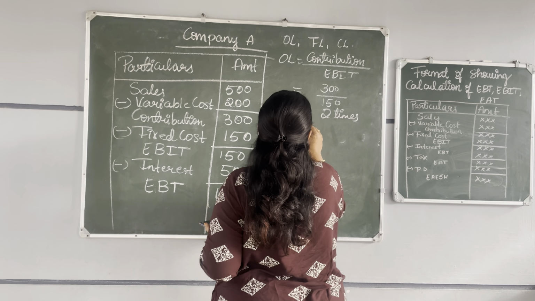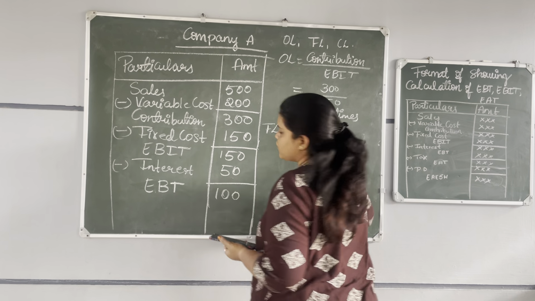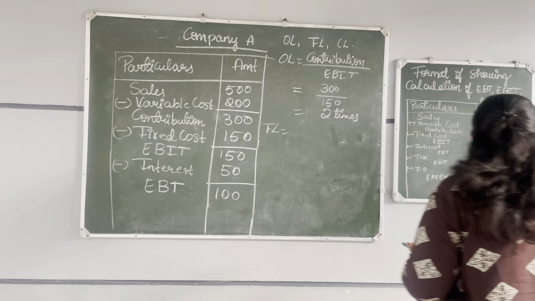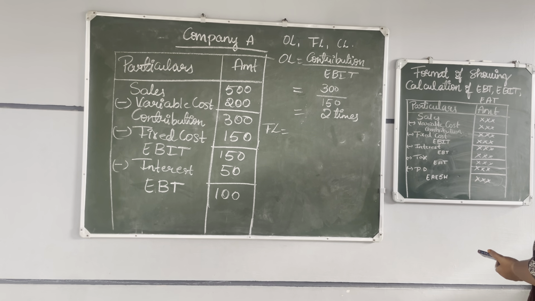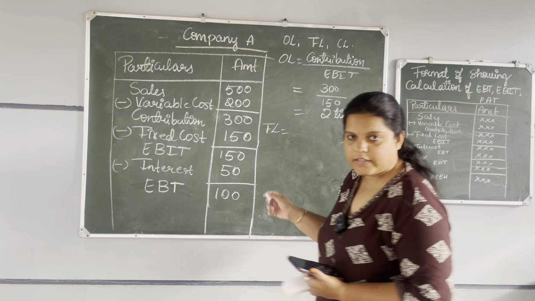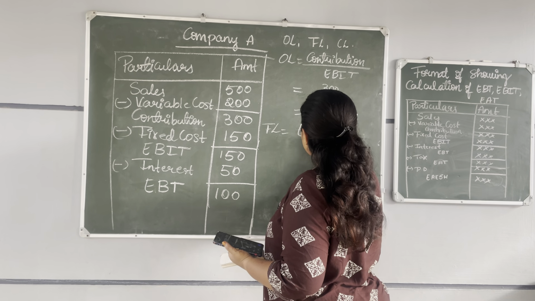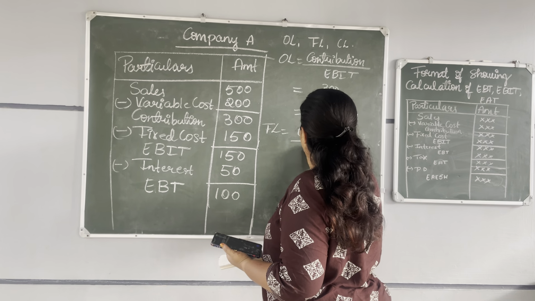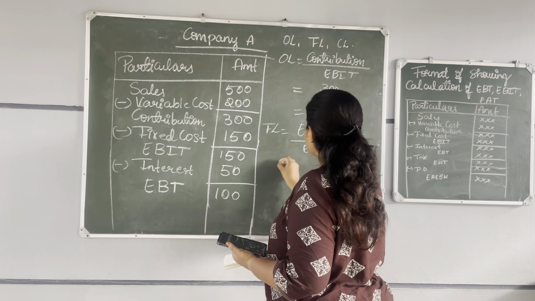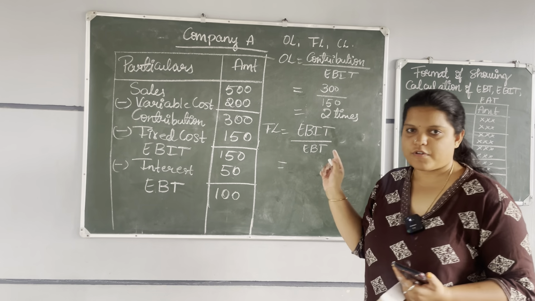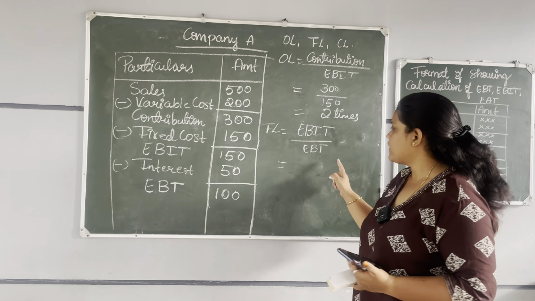Next is financial leverages. The financial leverages formula, which I taught you yesterday, is EBIT divided by EBT.